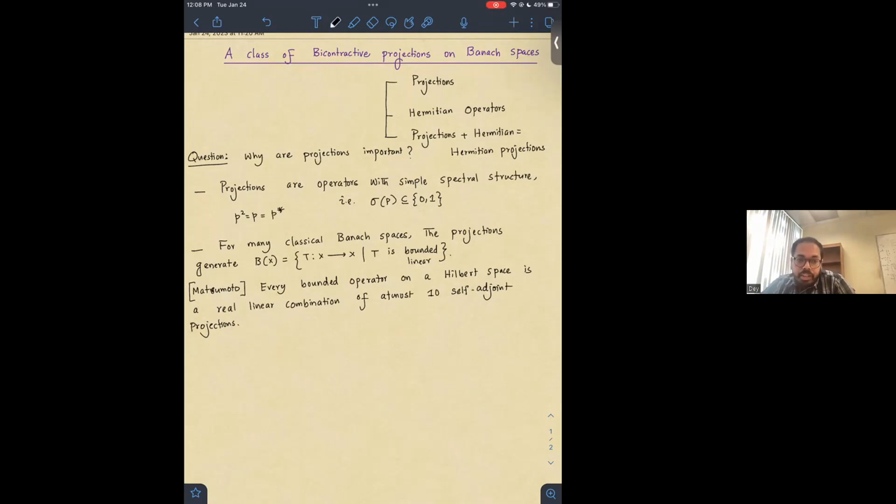He proved that any bounded operator on a Hilbert space is a linear combination of 257 self-adjoint projections. From 257, it boiled down to 64, and the latest one is actually proved by Matsumoto. It's actually 10 self-adjoint projections. So it is really important. The idea is, if we understand projections, we would be able to understand many bounded operators on Hilbert space. That's really a powerful statement.